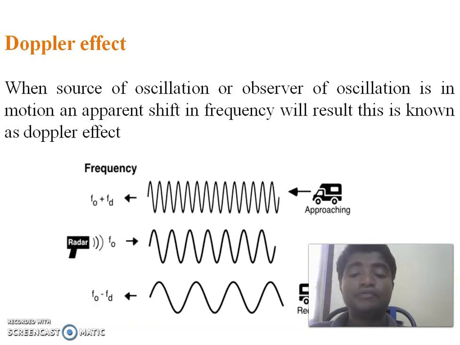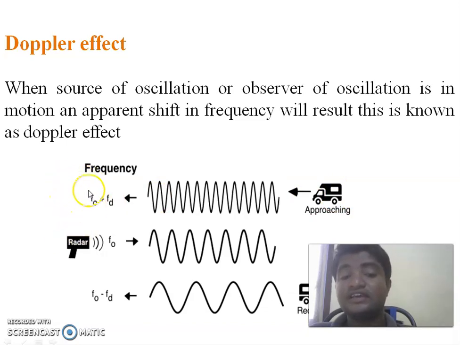The Doppler effect can be understood with the help of this diagram. Suppose the vehicle is moving and it is also giving us some sound, some horn. The vehicle is a source of oscillation because it is giving the horn, and some person is standing here.